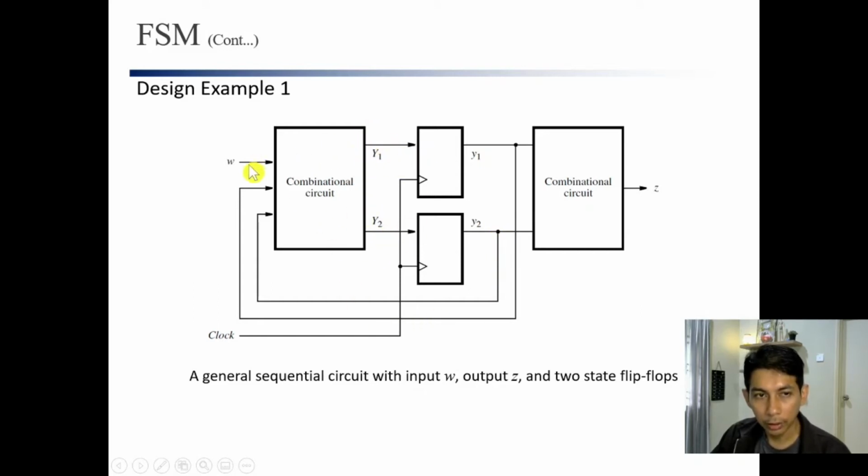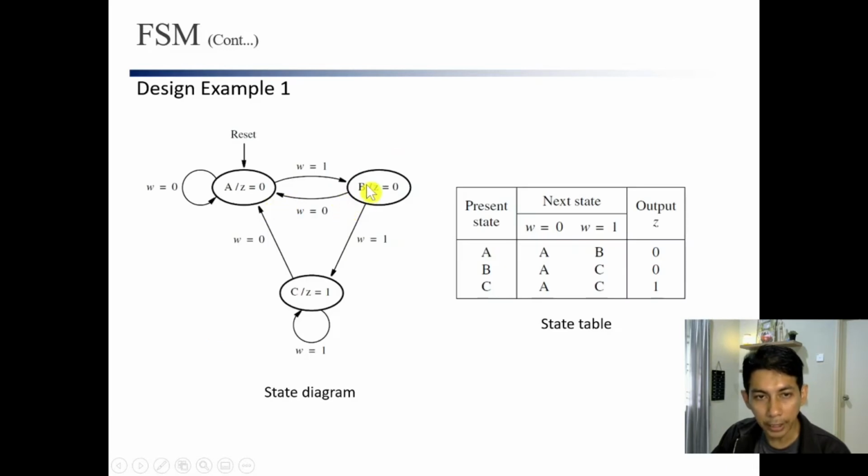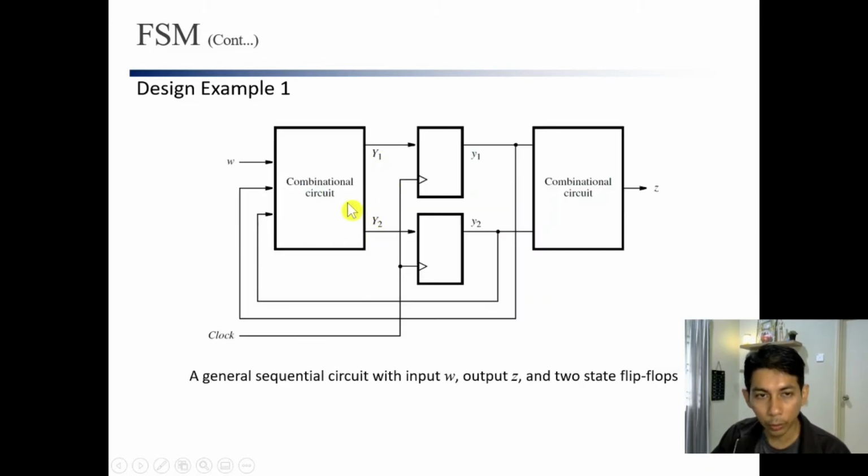Of course, it also depends on W. So 0 0 here means state A. The output represents the next state, so the next state will be A or B, 0 0 or 0 1, depending on W.